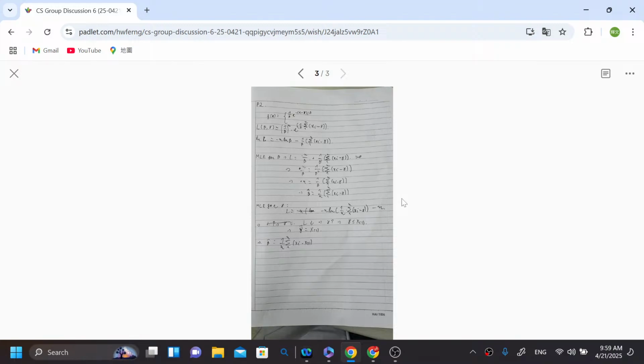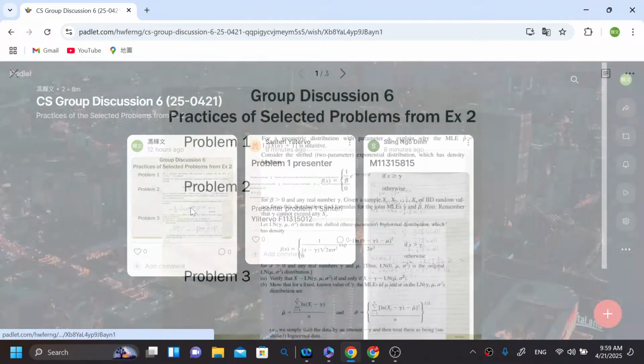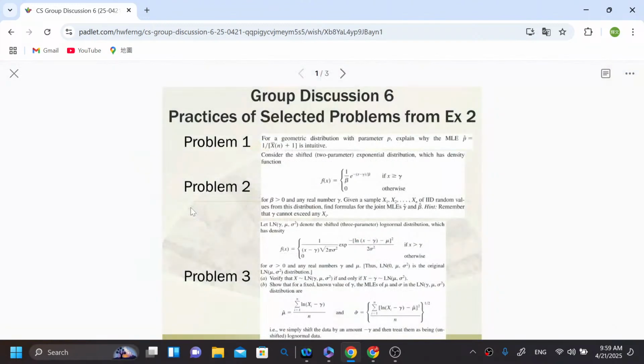All right, so this is the reference discussion from Saunders and Sean. Let me double check the problem again. Problem 2 actually asks you to have the MLE, so it's correct.